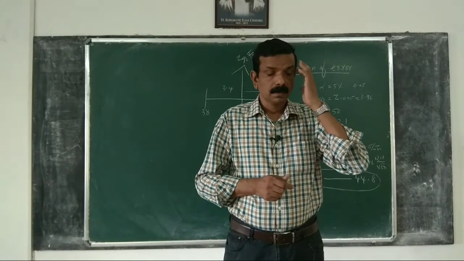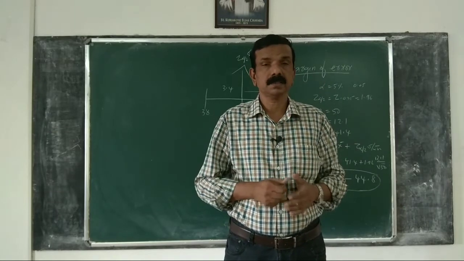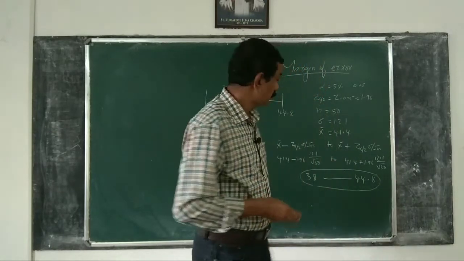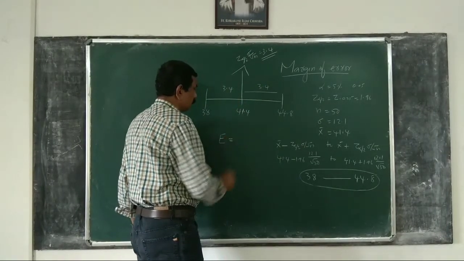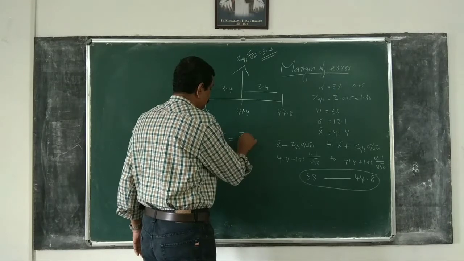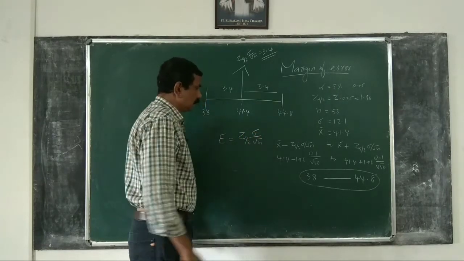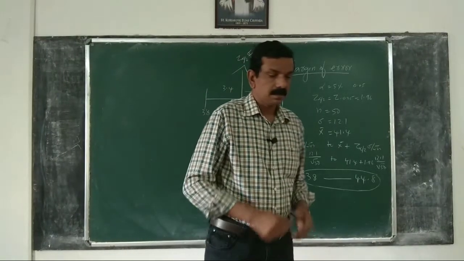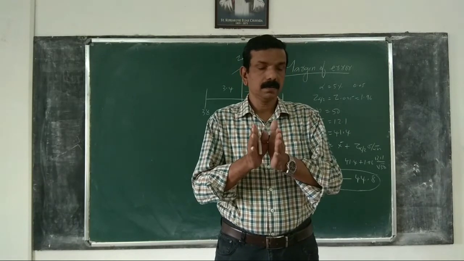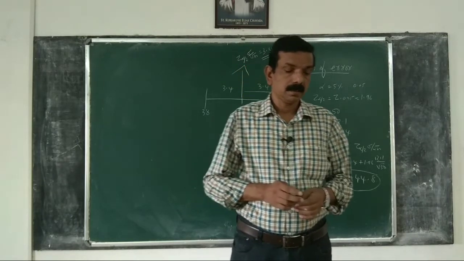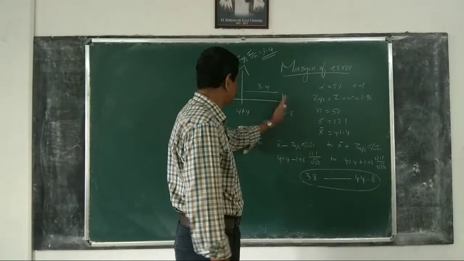Now, the precision of the estimate is determined by the quantity E. E is equal to Z alpha by 2 sigma by root n. The precision of the estimate is given by E, and E is half of the width of the confidence interval.